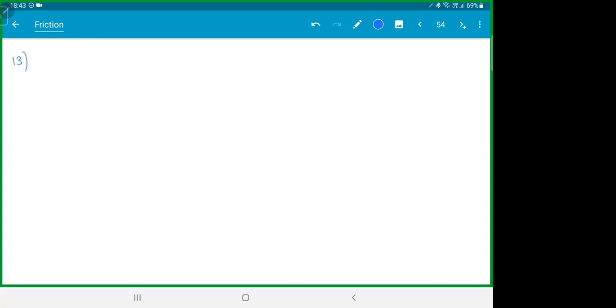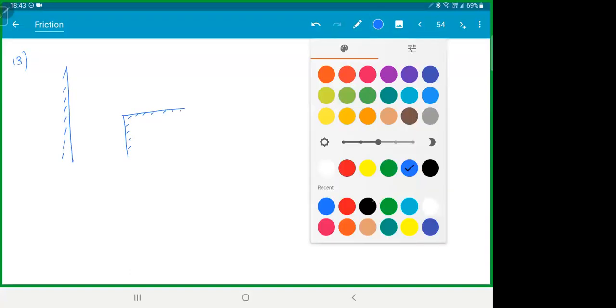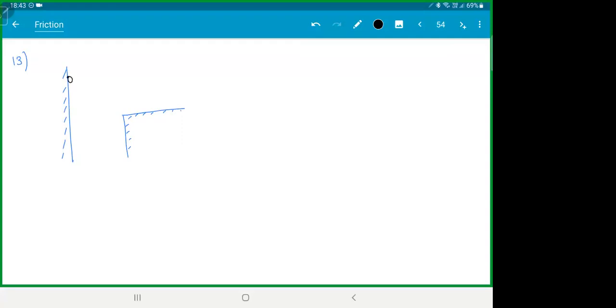Let's say we have a wall here. We have some kind of floor here. We have a chain here, like this. So the chain is hanging here. This point here is fixed.